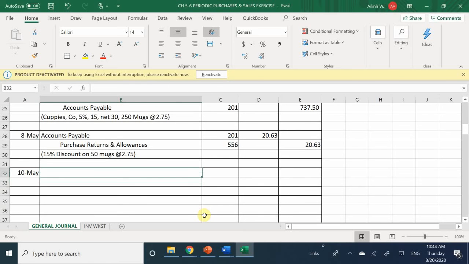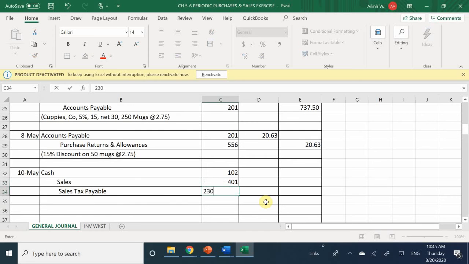Yes, we're receiving cash. All right, and my cash account was 102. All right, what else do I need to record? We need to record our sales. And what else do we need to record here? Sales tax. Sales tax payable, yes. Okay, and my account numbers are going to be 401 and 230.